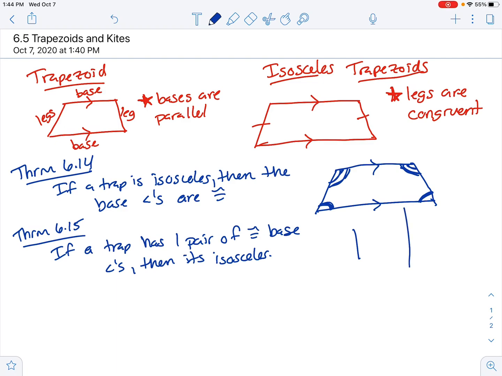Oh, I wrote that wrong. So if you're given that trapezoid, here's our parallel lines, okay? If you're given that trapezoid and I know that one pair of those base angles, these guys down here, are congruent, then I can go ahead and say, hey, that's isosceles.